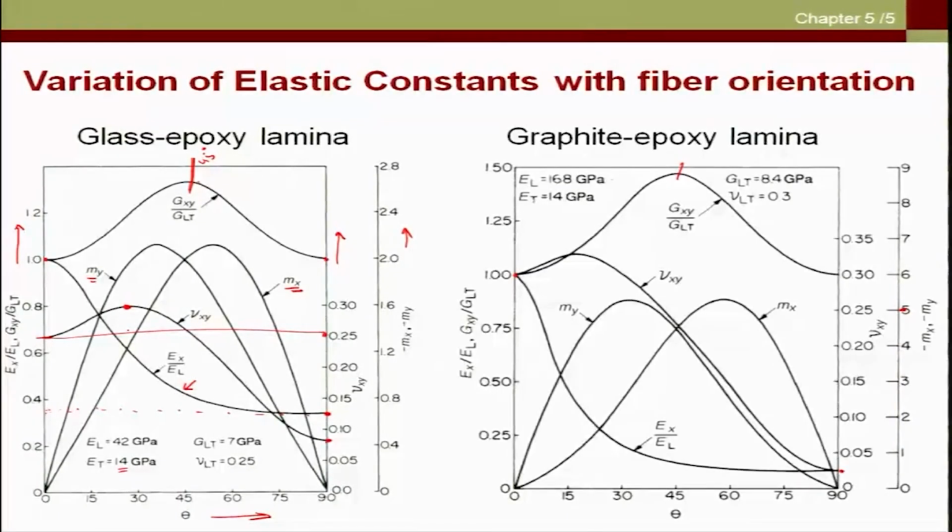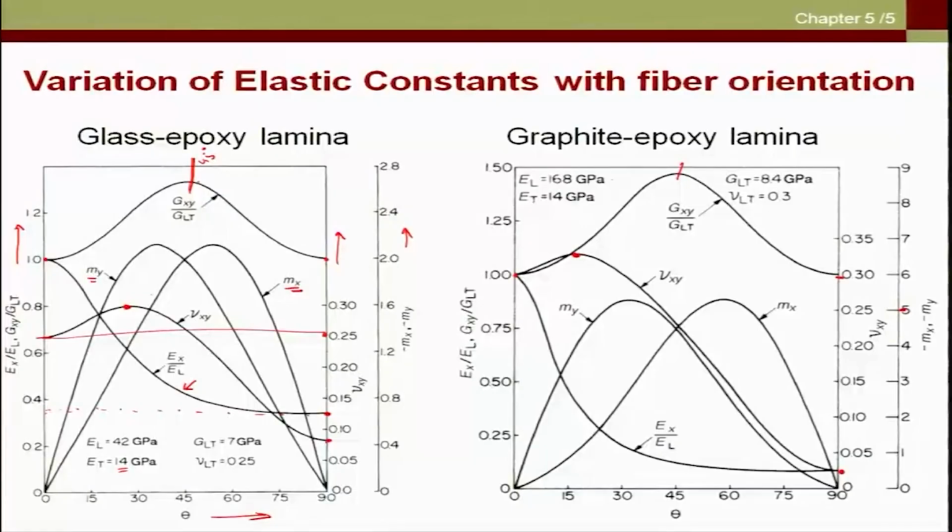For graphite epoxy, let us again look at it, and we see that it starts from 0.3, this is the starting point, and the Poisson ratio keeps on decreasing, and it is pretty small at around 0.025 at 90 degrees, but it maximizes at around 15 degrees for graphite epoxy lamina.